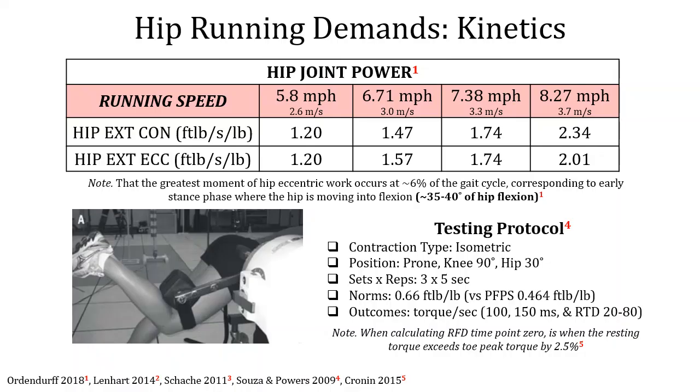You can see that the greatest amount of hip extension work occurs at 6% of the gait cycle, with 0% being at initial contact, corresponding to the early stance phase where the hip is moving into hip flexion. So you would test them anywhere, if you wanted to be joint specific, that the hip is going to be anywhere between 35 to 40 degrees of hip flexion. Keep in mind that even in an isometric setup, the joint angle can change up to 15 degrees.